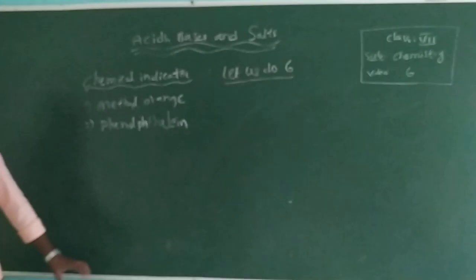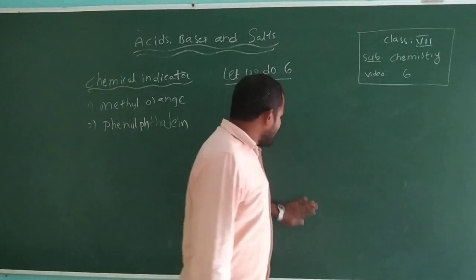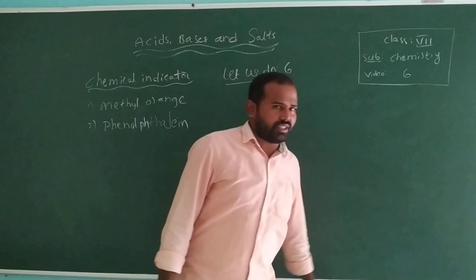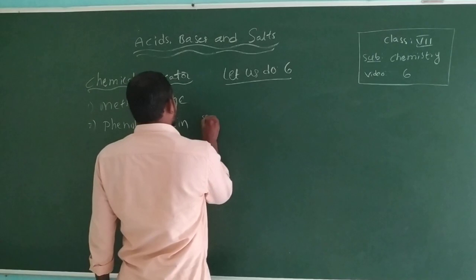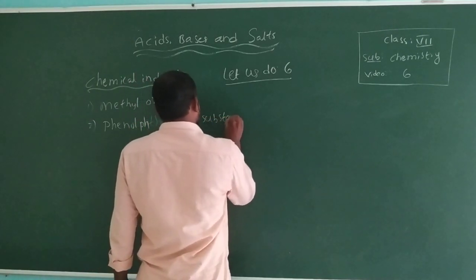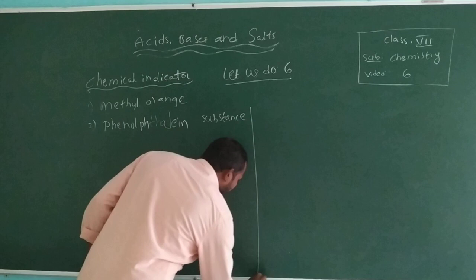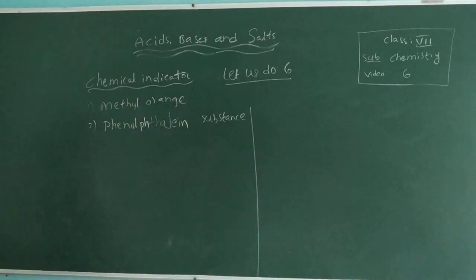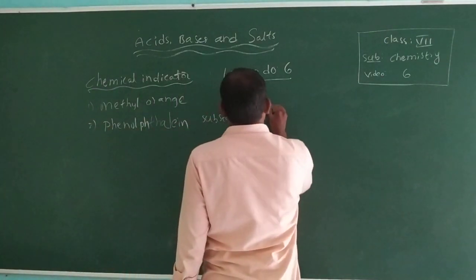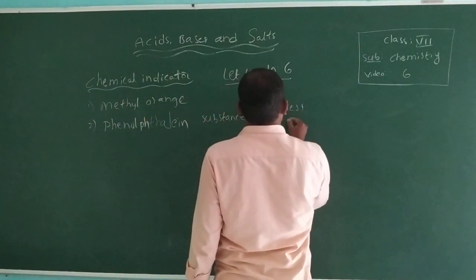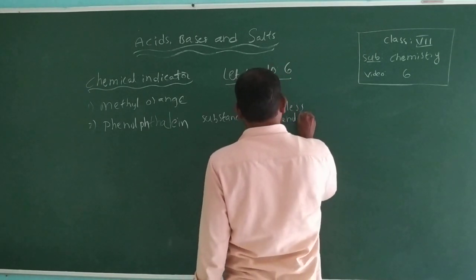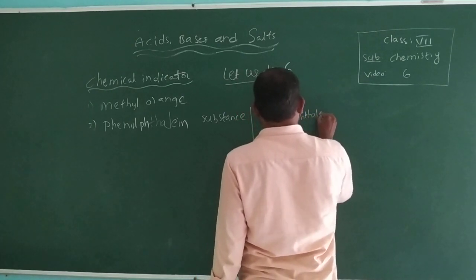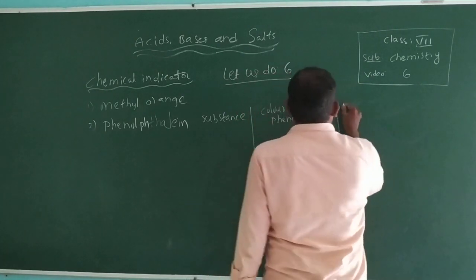Some examples I will take and show the color changes. It's a simple table: substance, colorless phenolphthalein, and methyl orange.